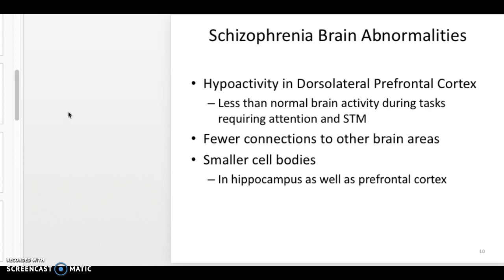We also see that the connections between many different brain areas seem to be fewer. And then we can also look at the actual shape of their neurons, and we see that the cell bodies of many of the neurons, particularly in the hippocampus and prefrontal cortex, are actually smaller.